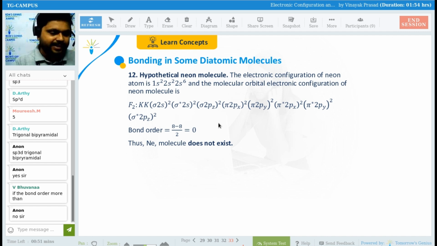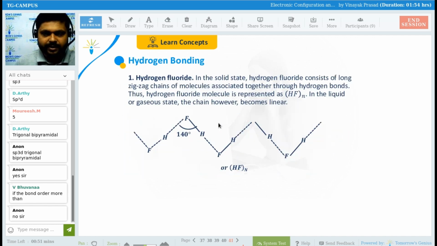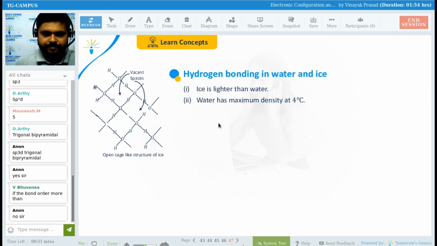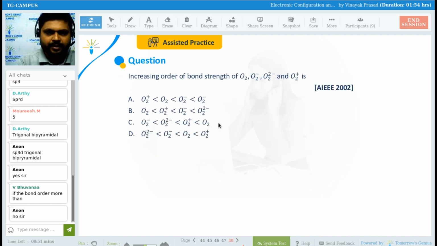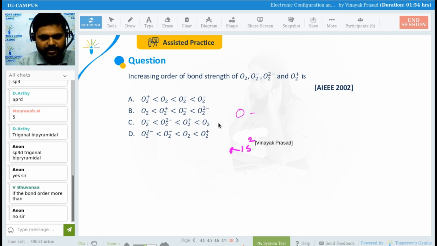If you are not remembering, then I will have to make you understand that first, then we will write it. Let's suppose I have to write the oxygen molecule, right? How will I write that? See here. First of all, write sigma 1s. Sigma 1s squared is there, right?